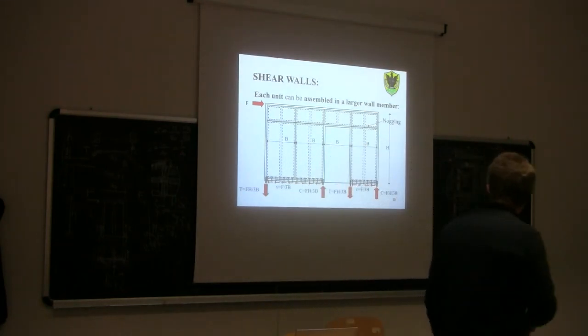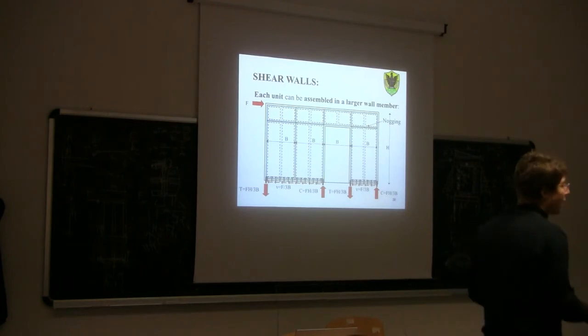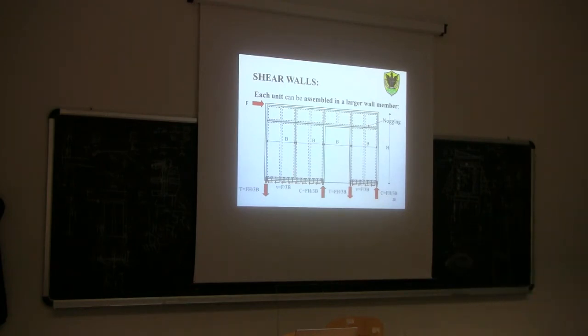Just remember in this case the intermediate stud between the 2 units is unloaded. Only the outer studs are loaded. In fact, as you can see, the metal studs are placed just at the outer studs to connect them to the foundation. Okay?